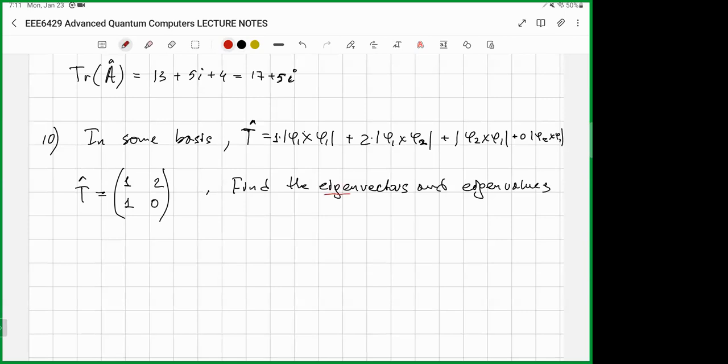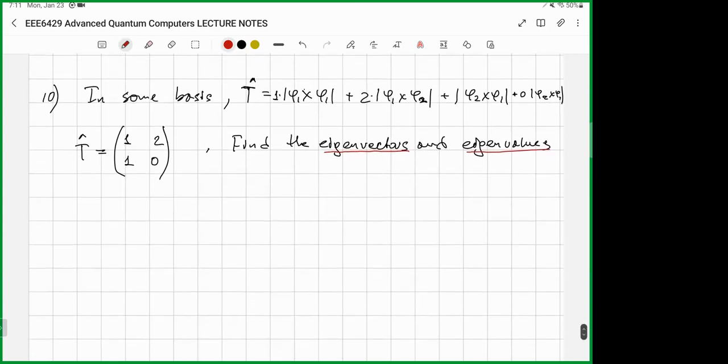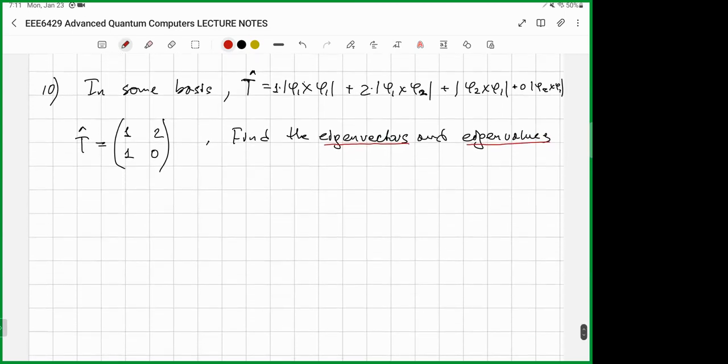Eigenvectors, eigenvalues, very important concepts, right? You will see that eigenvalues of operators from quantum mechanics represent the values of the physical quantity that we measure in experiment or obtain in our quantum computer simulations.